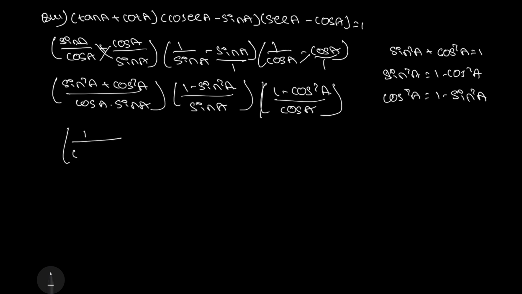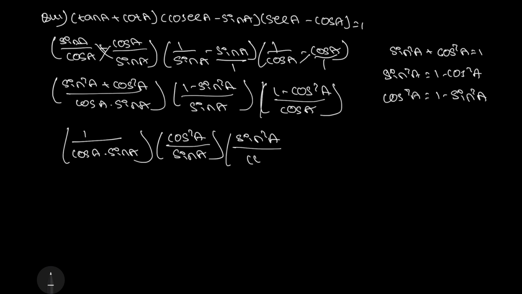Here we'll get 1 by cos A into sine A, here cos square A by sine A, and this we can write as sine square A by cos A. Here we have square. For the square, these two cos values get cancelled, and for the square, these two sine values get cancelled, and our remaining answer is 1.